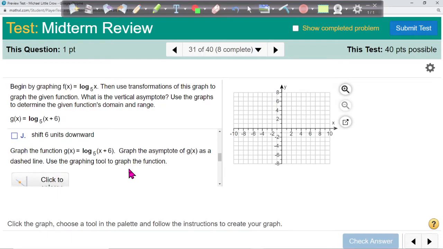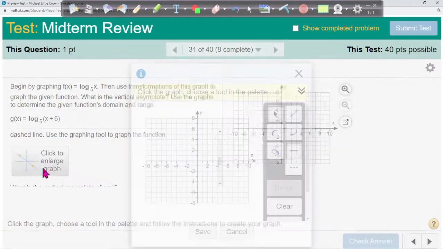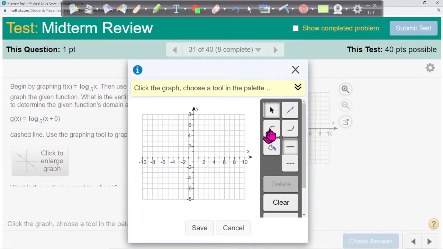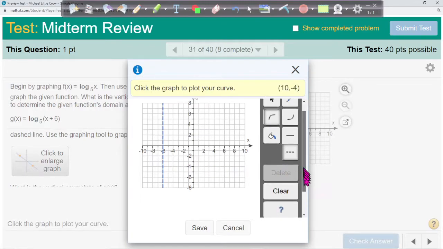So then now let's graph it. So we click on our tool, and what does our tool let us do? We want to do the exponential graph, and again, we'll put our line. We're doing a vertical line, and usually a logarithm is at 0, right? And we're moving it 6 to the left, so it's going to happen here. Vertical line goes there. Then we got this guy going. Let's see, what do we do?